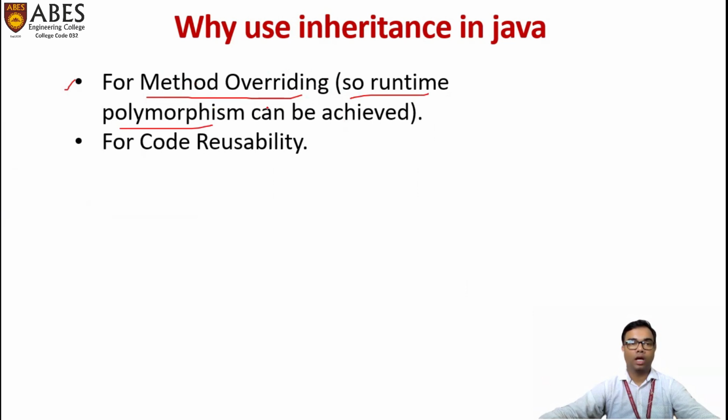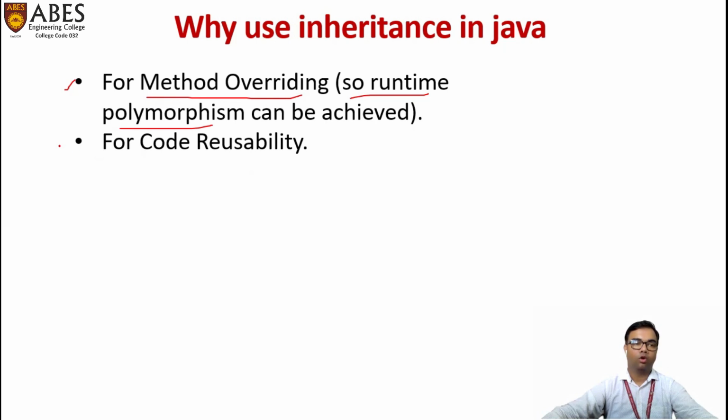When we have two classes and we inherit, and in the parent class as well as the child class we have the same method, then method overriding will happen. The concept of method overriding can only be implemented with the help of inheritance. When both classes have the same method name and the same parameters, we can have method overriding.